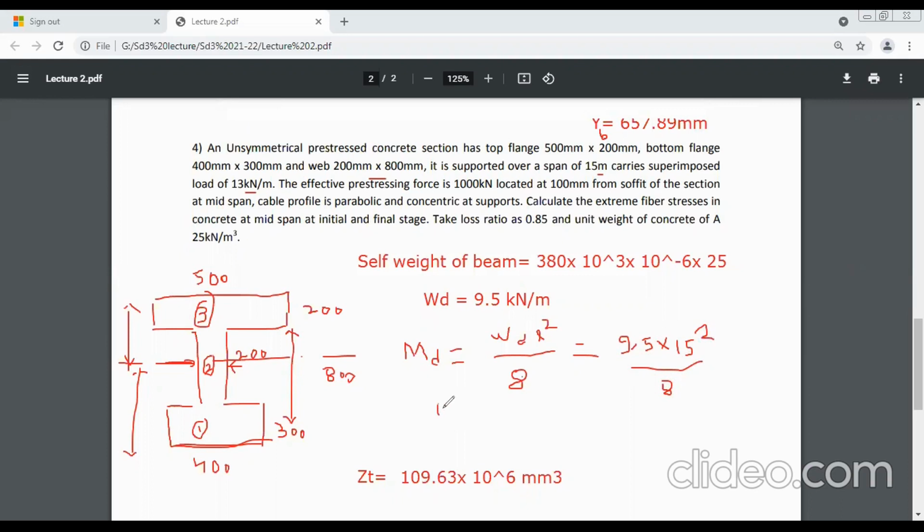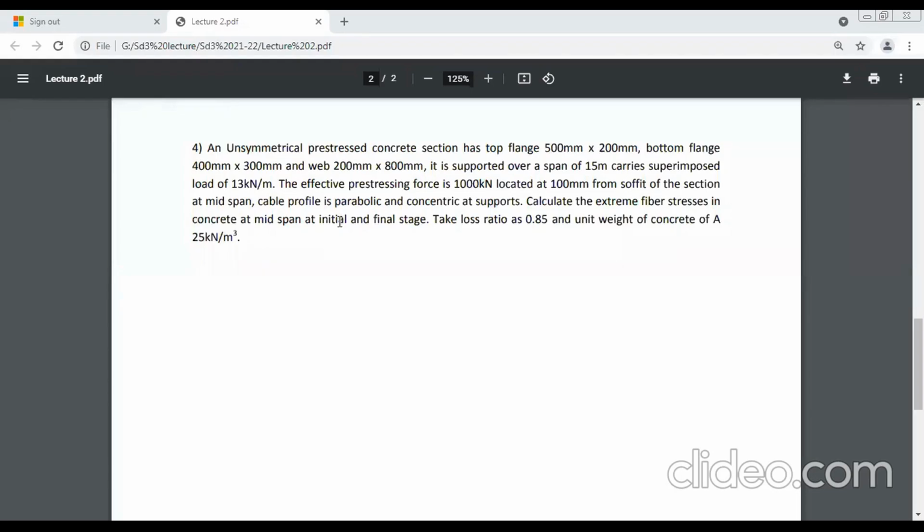Tell me now, MD. MD is equal to 9.5 into 15 square divided by 8. Bending moment due to self weight, how much is this? MD is equal to 267.18.